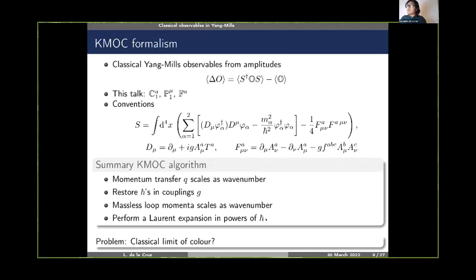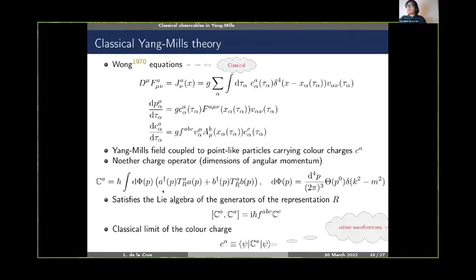And I can perform a Laurent expansion in powers of h bar. However, I still have to define what I mean by the classical limit of a Coulomb charge, for instance, this operator. So that's the task that I need to do now.